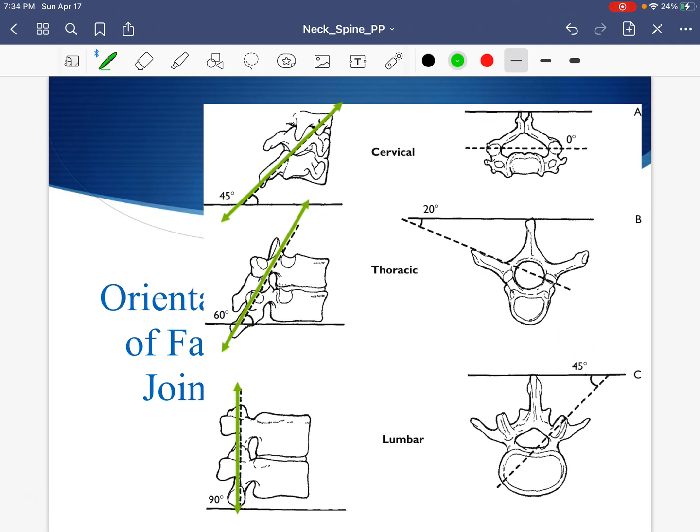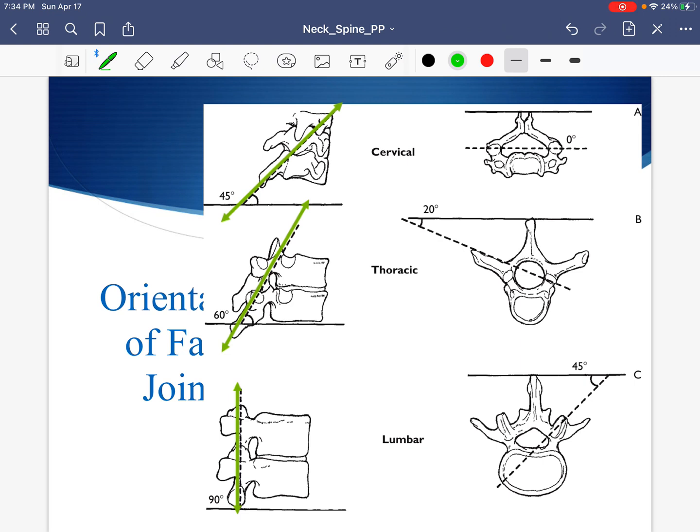All right, moving on, we can see here that those facet joints or the zygapophyseal joints are oriented a little bit differently, and I've drawn this out here for you. You don't need to know the specifics. All you need to know is that based on the region, cervical, thoracic, lumbar, the facet joints are oriented a little bit differently.